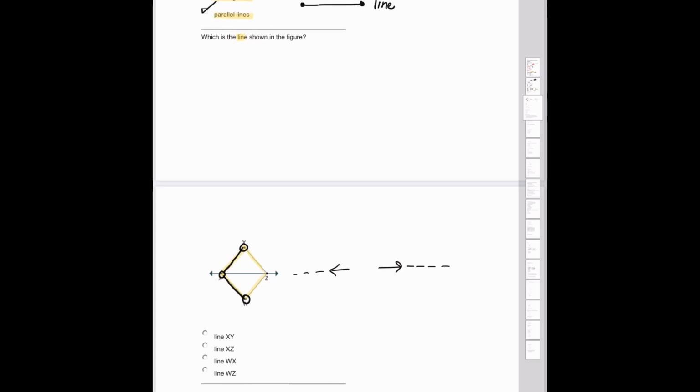Therefore, it is reasonable to conclude that the only line that we see in this diagram is in fact line XZ or line ZX. So we are looking for the answer choice that either states line XZ or line ZX. Why can it be either line XZ or line ZX? Well, because we can start with either point. Therefore, it is reasonable to conclude that this is our answer.